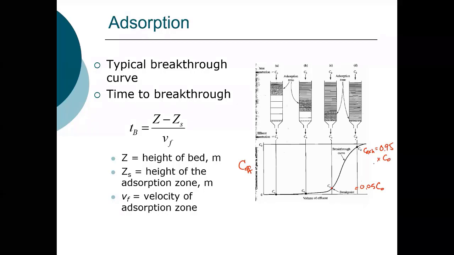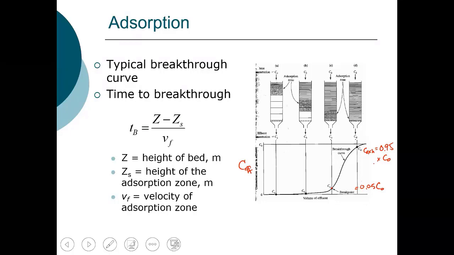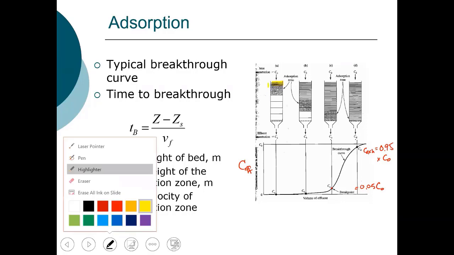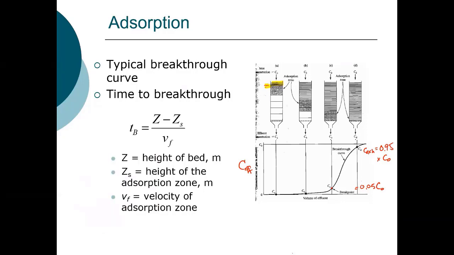Now, the way we describe this is we talk about an adsorption zone. Think of that here as this portion here that I've shown in yellow. If I were to monitor the concentration leaving that zone, it would be C equilibrium. It's the equilibrium concentration.